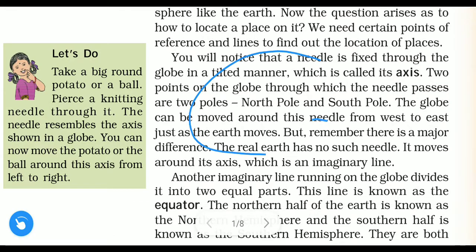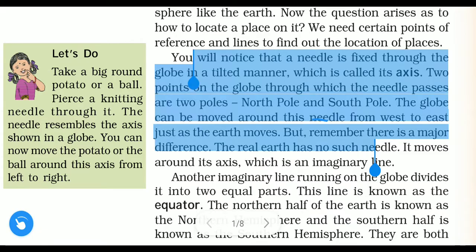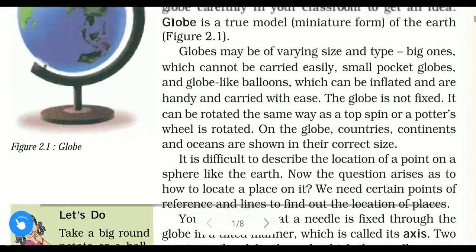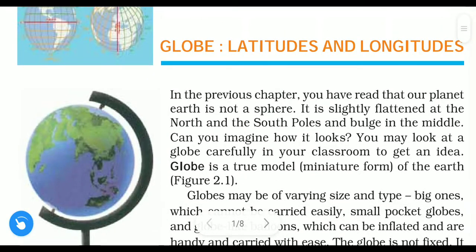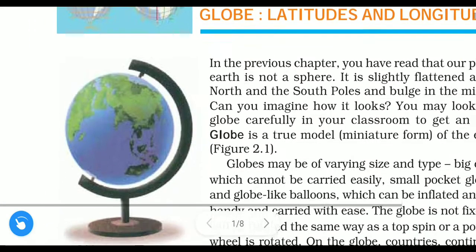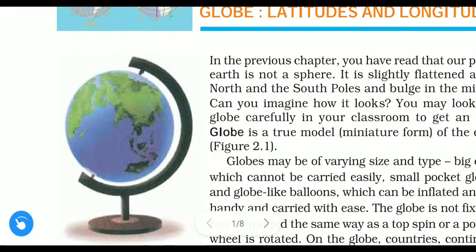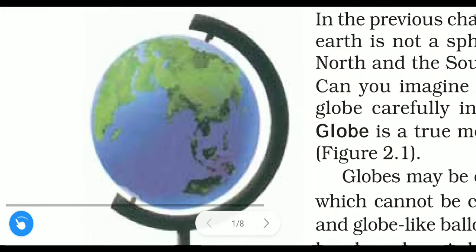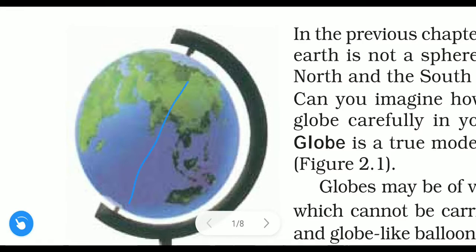Here in this passage, we will discuss the globe which is shown here. We will compare it with the earth, because this globe is a true model of the earth. See here, through this globe one needle passes, which is tilted.